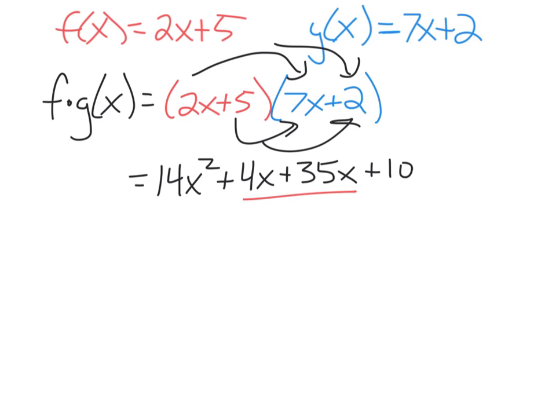Very, very important. Because if you don't, then all of a sudden you're going to combine more things than you can combine. So definitely be careful. The final answer here is 14x squared plus 39x plus 10. You can't go any further because there's no more like terms. So is that okay?